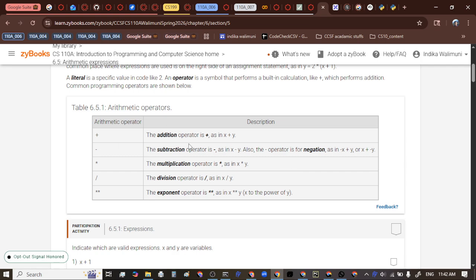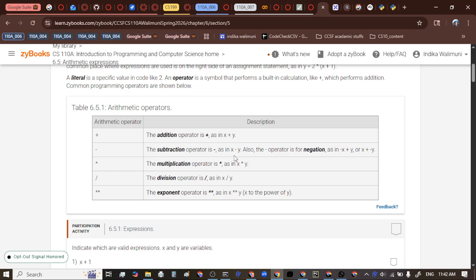So we use the summation for adding. As well, if the number is positive, the sign in front of that number is positive by default, and we don't write it.